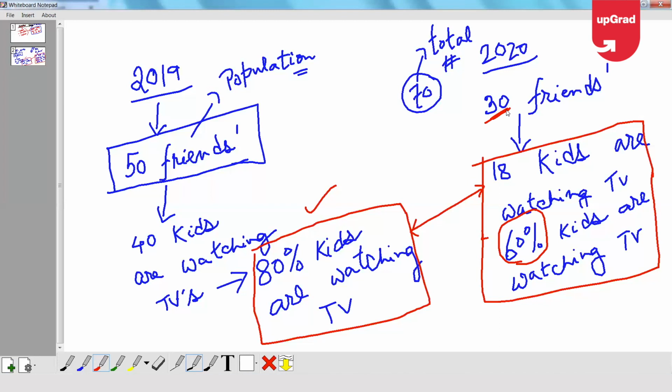Now, if we have to represent this intuition mathematically, mathematically there is nothing like less and more. Everything has to be represented through a number.